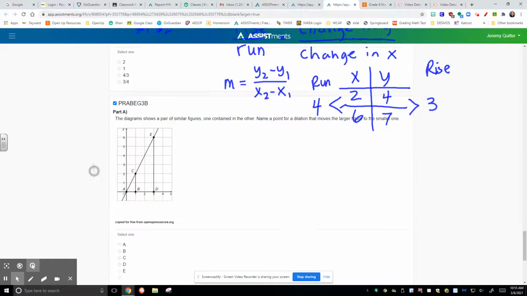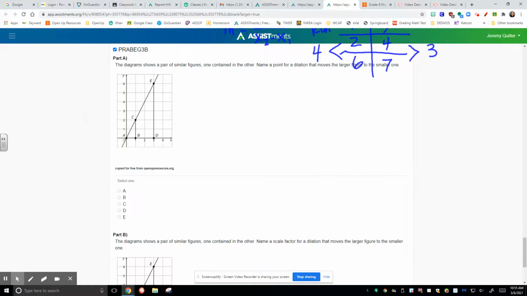And then finally, this last one, you have two parts. Diagram A shows a pair of similar figures, one contained in the other. Name a point for a dilation that moves the larger figure to the smaller one. So we're talking about this. Here's the smaller figure right here. And we're saying name a point for a dilation that makes the larger figure the smaller one.